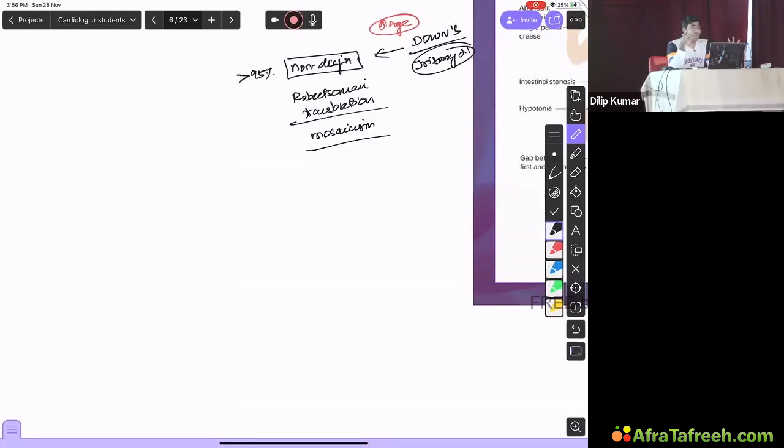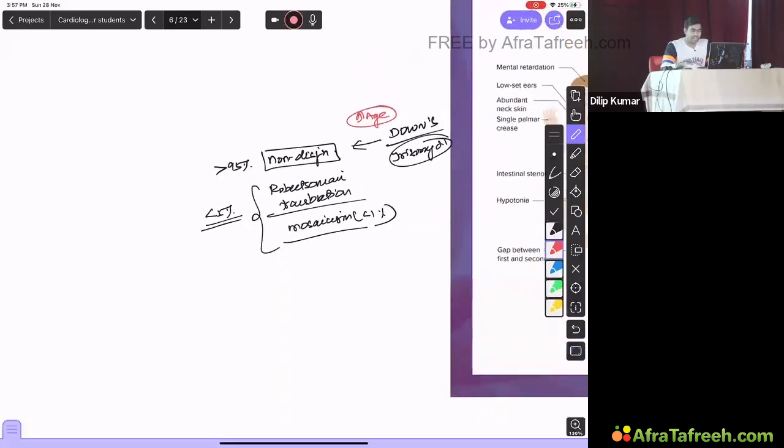That's what we call mosaicism. The problem happens after fertilization, very commonly in the early blastocyst stage. Robertsonian translocation and mosaicism together constitute less than 5% of the cases. Mosaicism is the rarest, less than 1% of the time.